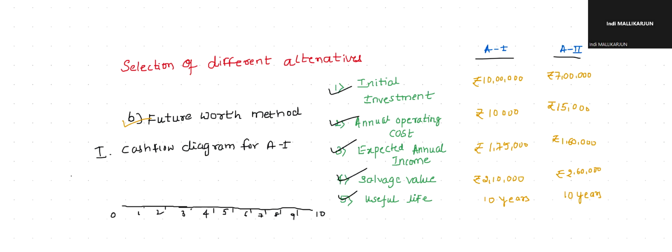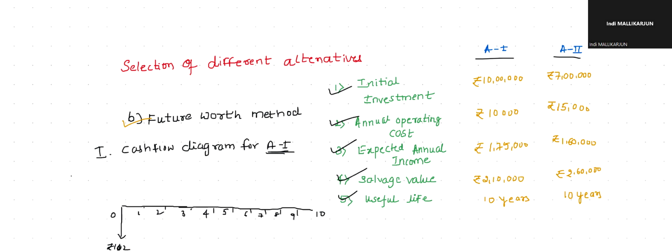Whatever amount you are investing is your initial investment, and that will be an outflow. How much is it for alternative 1? We are drawing the cash flow diagram for alternative 1. For alternative 1, the initial investment is 10 lakh rupees.